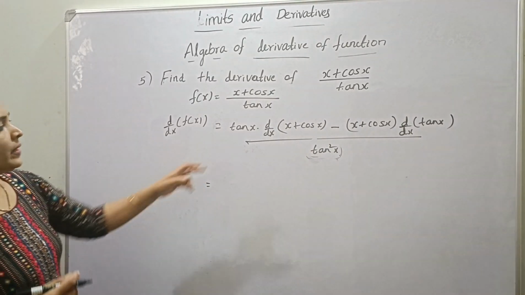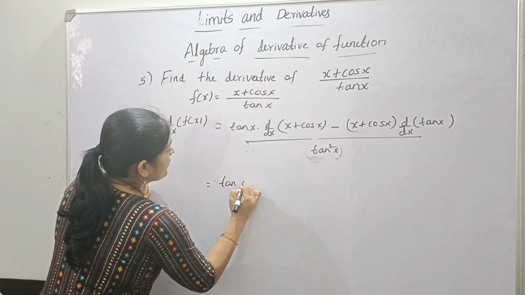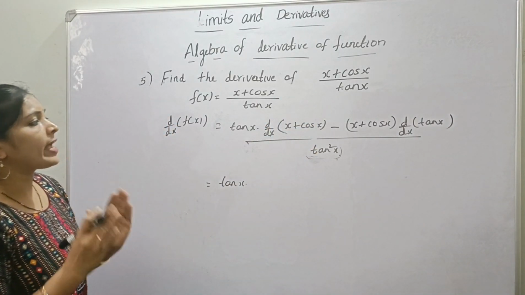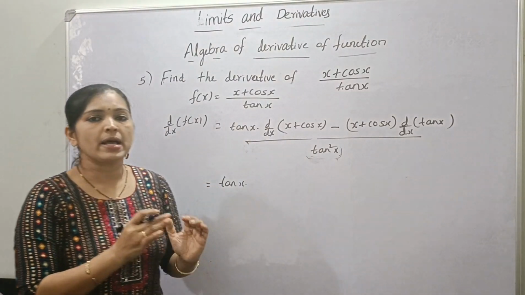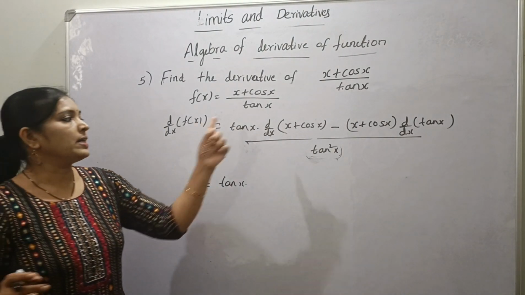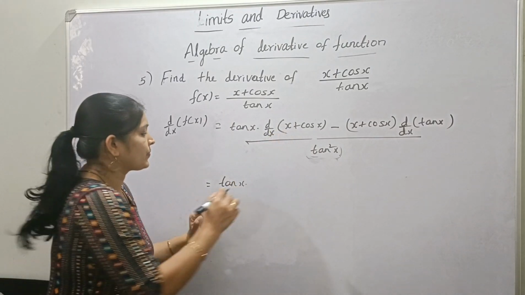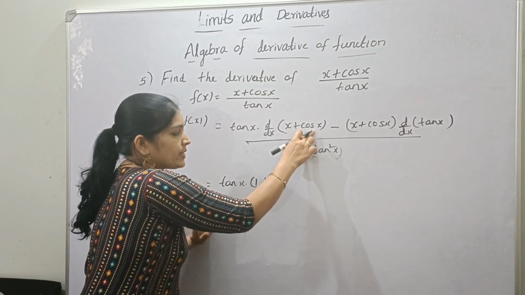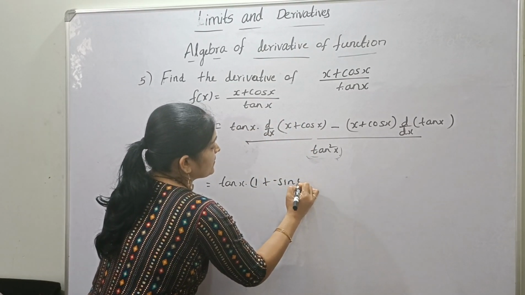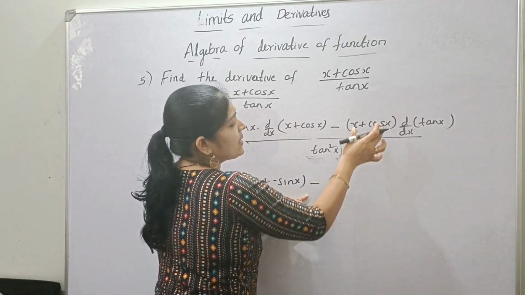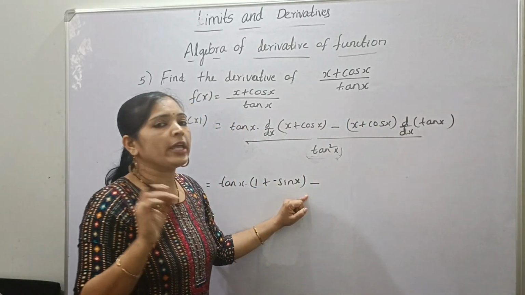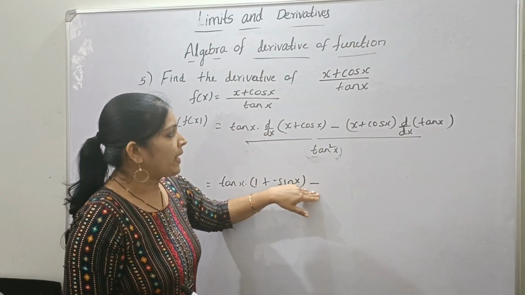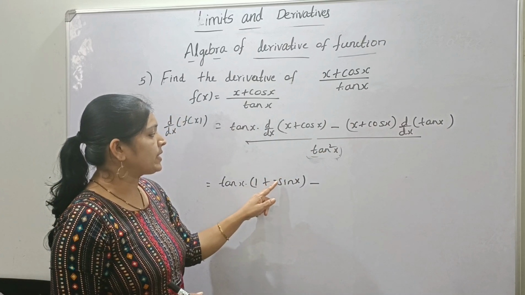Okay, so here tan x into, let us take the derivative, d by dx of (x plus cos x). D by dx of (x plus cos x) is d by dx of x plus d by dx of cos x. D by dx of x is 1. Okay, so 1 plus d by dx of cos x is minus sin x. Minus (x plus cos x). See, you should be careful about plus and minus, otherwise your answer will be wrong. Okay, so here minus of, see here plus into minus.